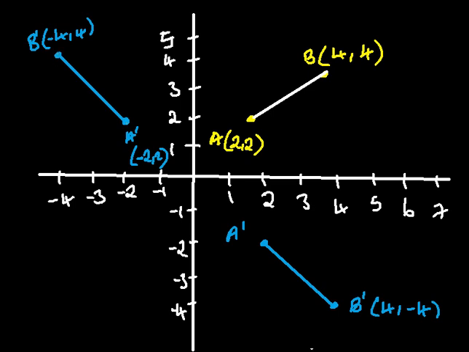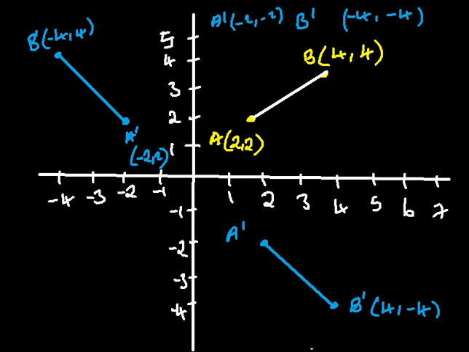And how about the reflection of the line along the origin? On the point of the origin, we'll have negative 4, negative 4. Understand that. That is the point B image. You have negative 4, negative 4, and the point A image you have negative 2, negative 2.